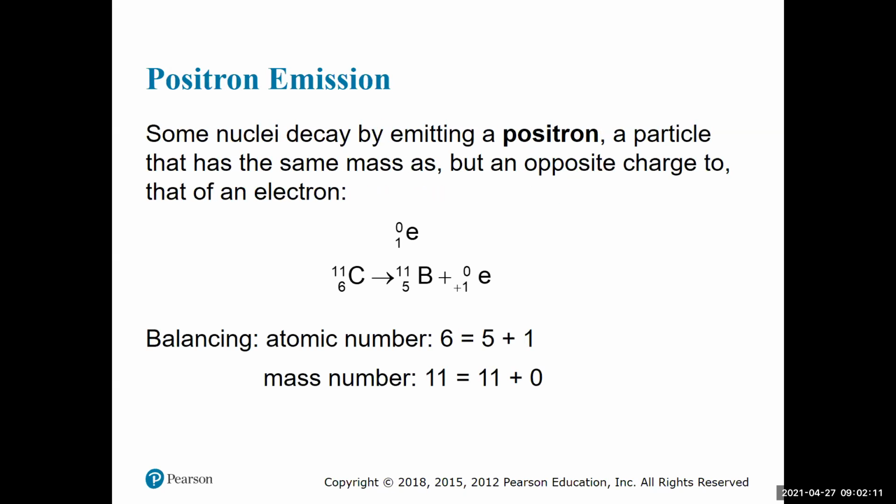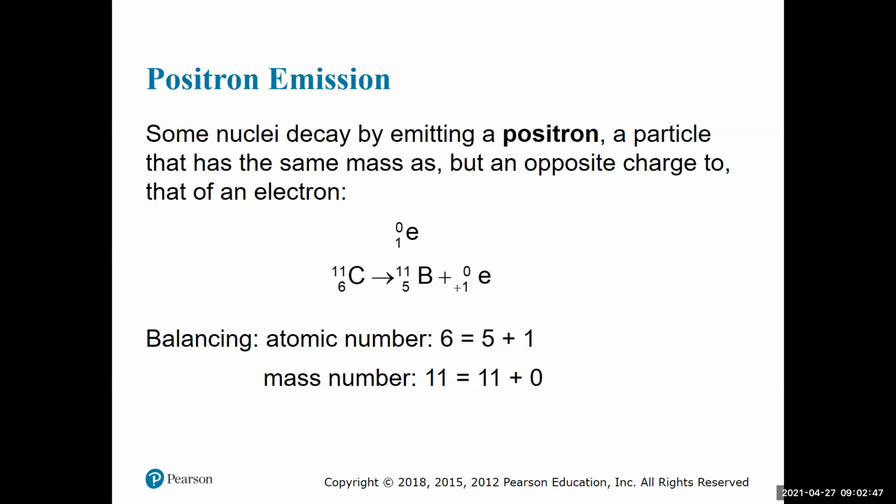Okay, positron emission. So this is where a positron is emitted in the decay process, and that's a particle that has the same mass but opposite charge to an electron. So remember, the electron had a -1 on the bottom, positron is a +1, and we see here we have carbon, in this case carbon 11, which is a little unusual, but that's fine.